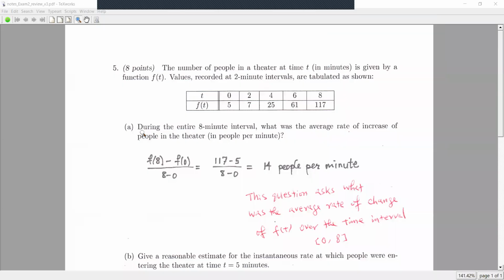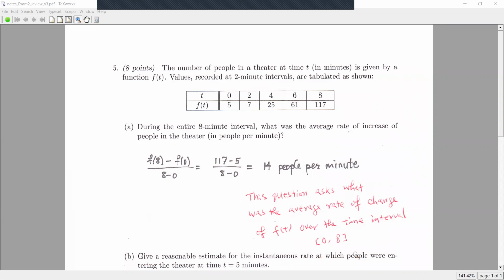Part A. During the entire 8-minute interval, what was the average rate of increase of people in the theater? This question is actually asking what was the average rate of change of function f over the time interval from 0 to 8.